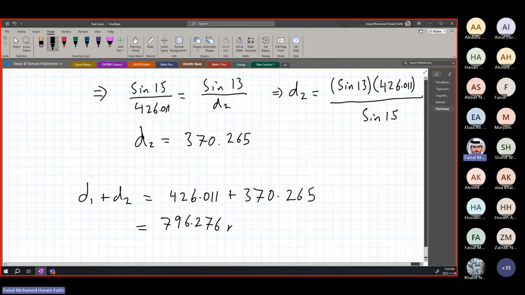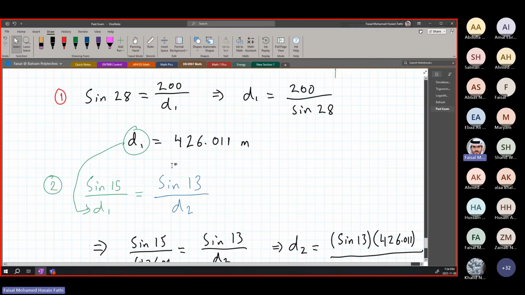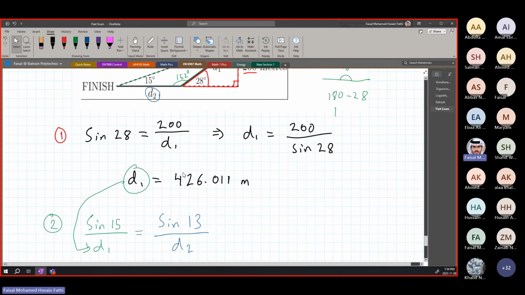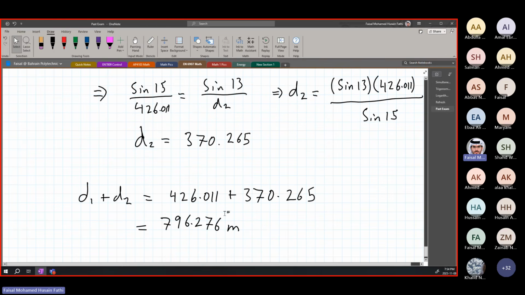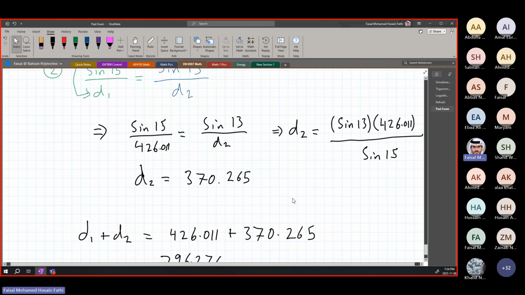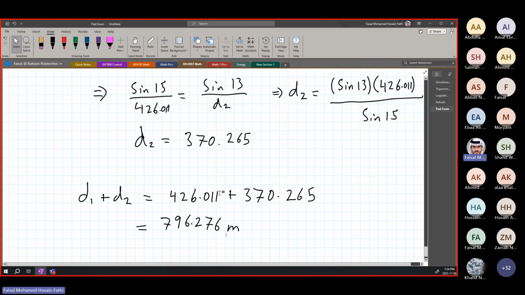Keep in mind the decimals may differ for you, that's fine, because sometimes I use the full value of the decimals depending on the calculation, but it should be very close. So I got 796.276 for D1 plus D2. Any questions about this? I think this is very straightforward.